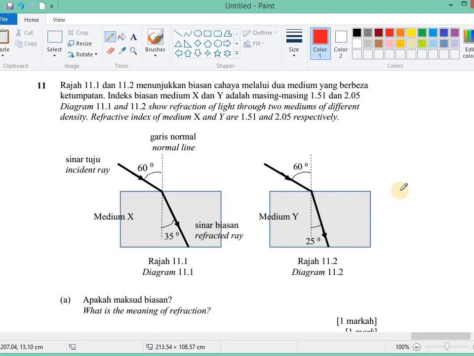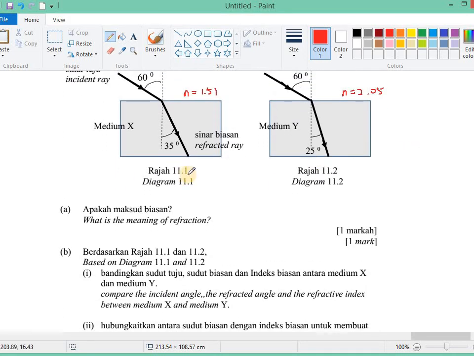Diagram 11.1 and 11.2 show refraction of light through two media of different density. The refractive index of medium X and Y are 1.51 and 2.05 respectively. So for medium X, the refractive index is 1.51. This one, the refractive index is 2.05. Alright. So what is the meaning of refraction?